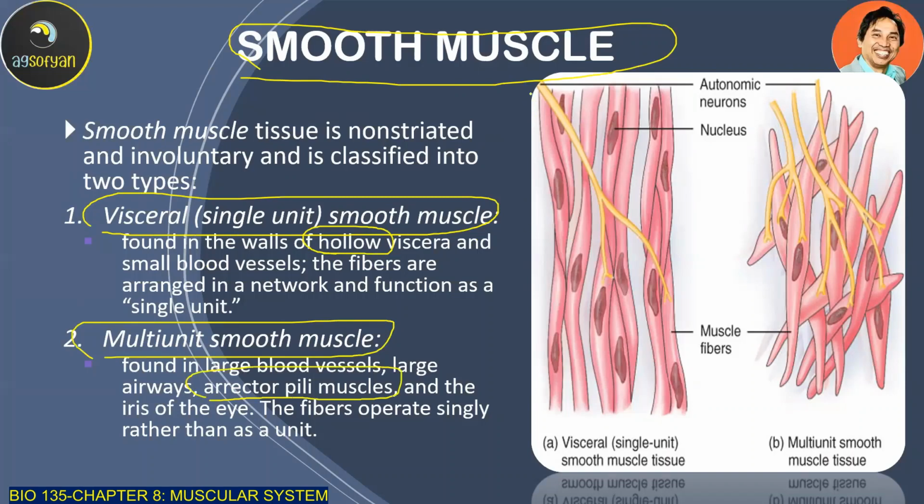Single unit means one motor neuron innervates 1,000 smooth muscle cells. That's single unit. Multi-unit means there are several motor neurons that innervate several smooth muscles. So this is a multi-unit smooth muscle.